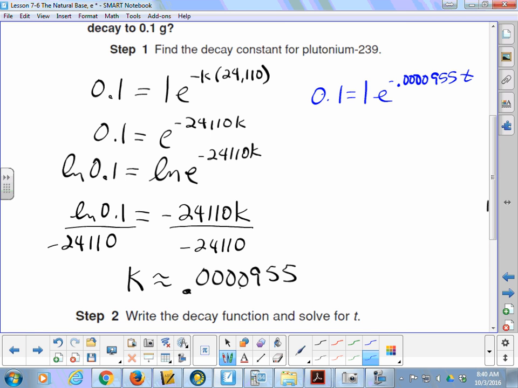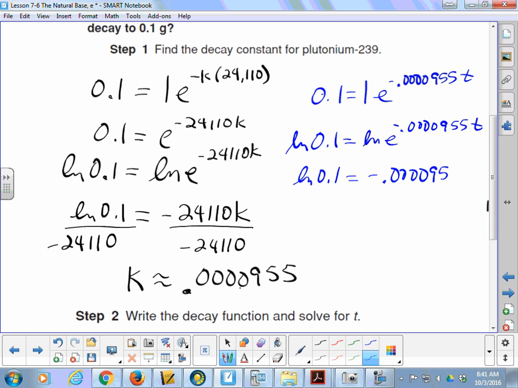So everything we do is going to be the same except we're replacing K with the number that we calculated, and then we're going to find the time. So natural log of 0.1 equals negative that number times t. So we divide by that number.